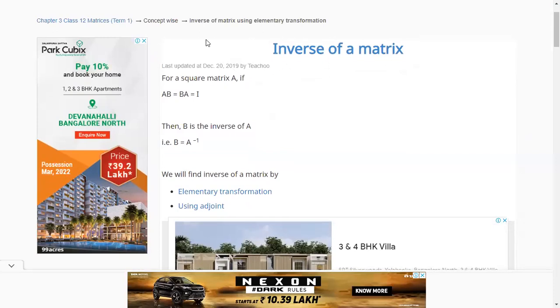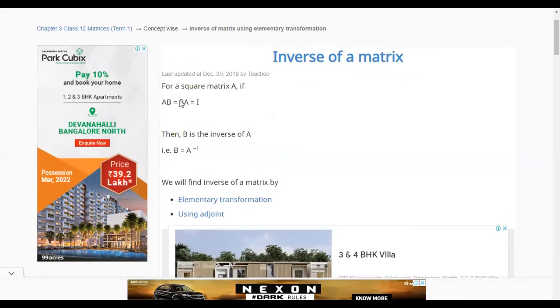Can you all see this, inverse of a matrix? Yes. Okay. So inverse, you have studied in relations and functions. Inverse is unique, right? One element can have one inverse only. That is true for matrices also, so matrix inverse is also unique.